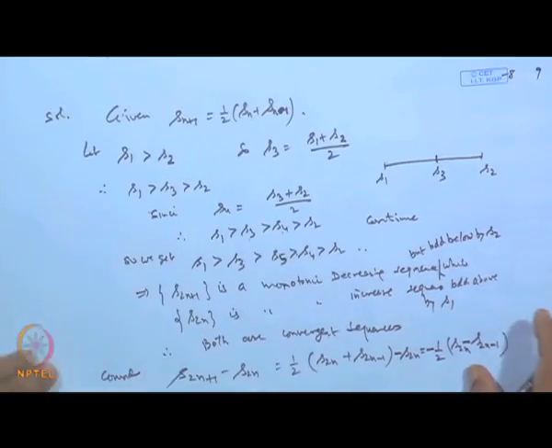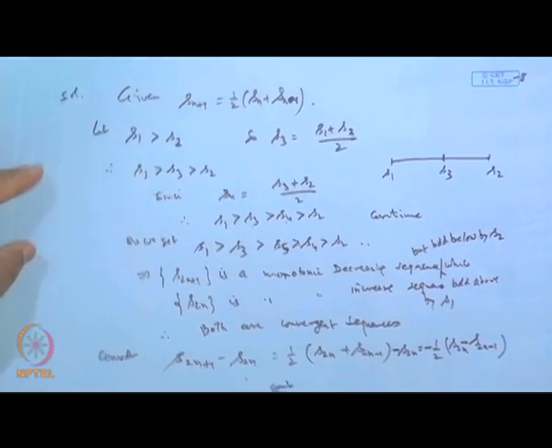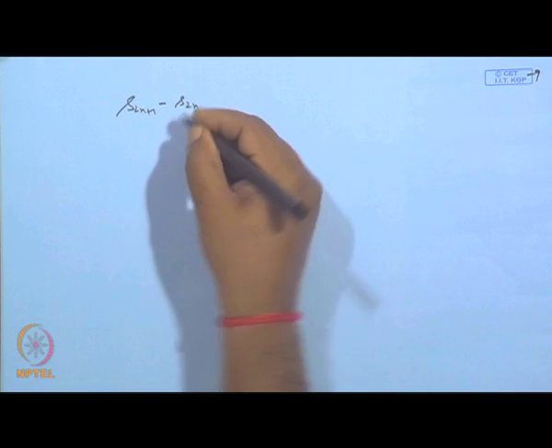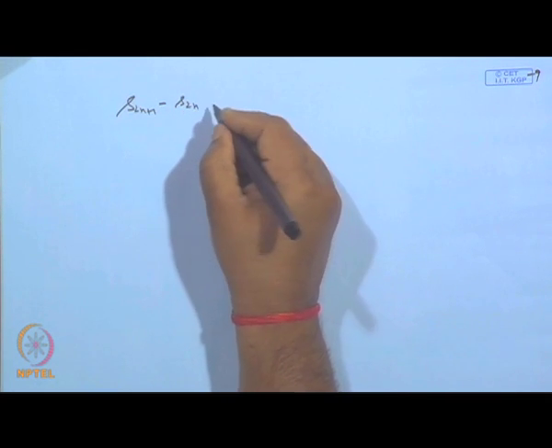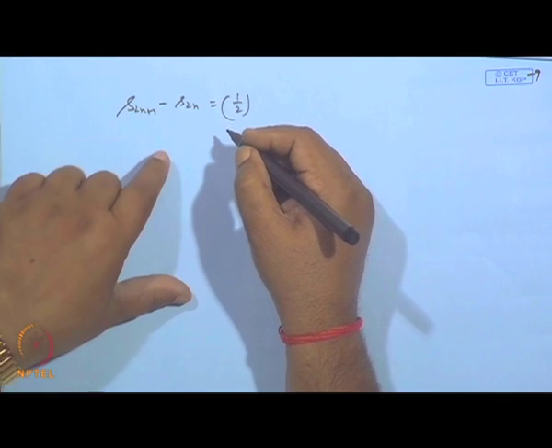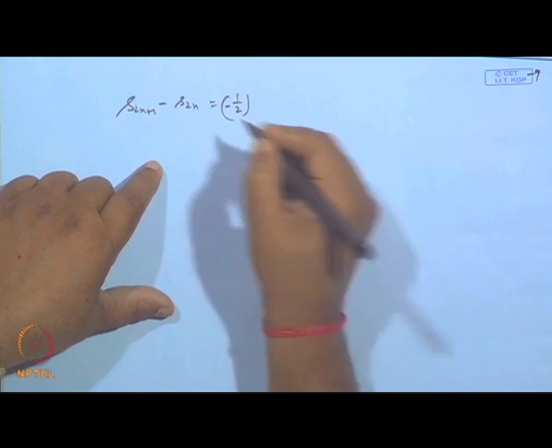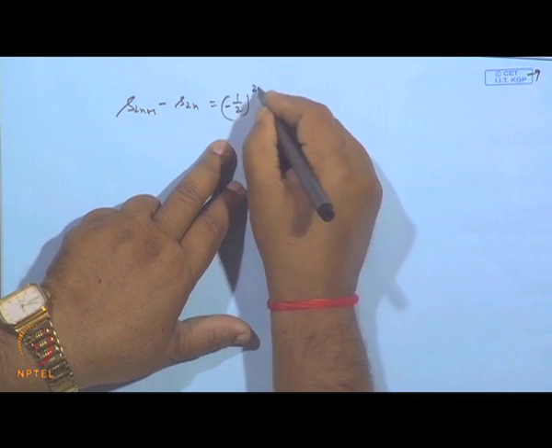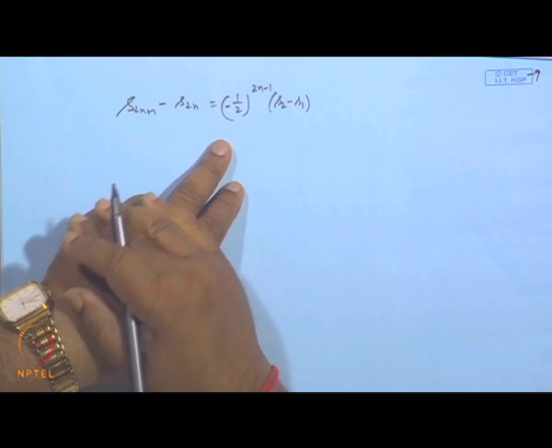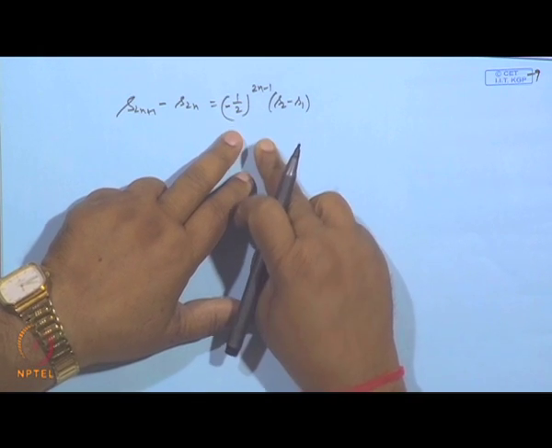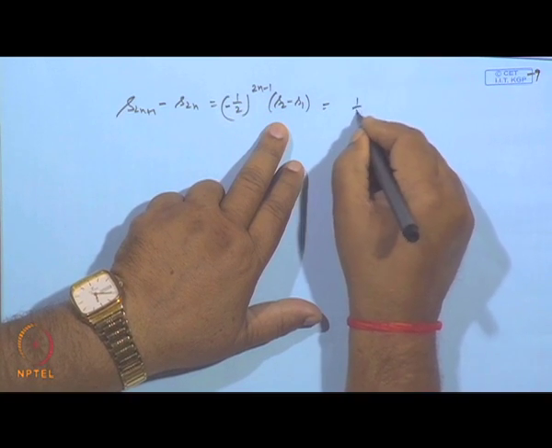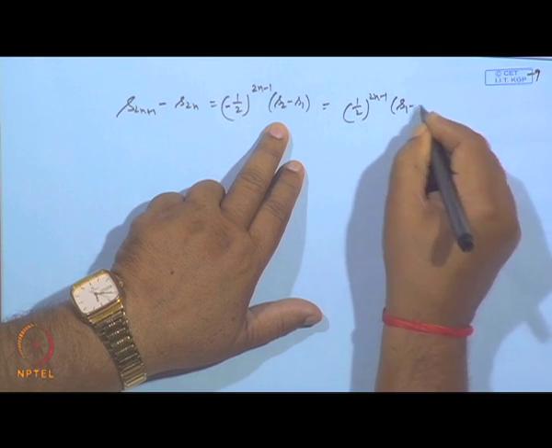If I continue this, then S2n+1 minus S2n basically comes out to be minus half raised to the power 2n minus 1 times S2 minus S1. Taking absolute value, since S1 is greater than S2, we get half to the power 2n minus 1 times S1 minus S2.